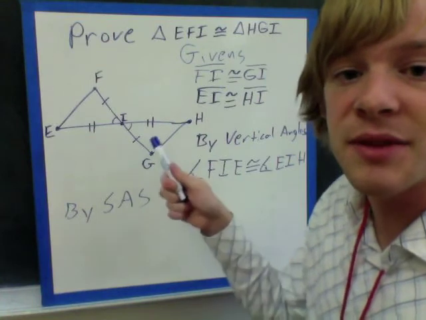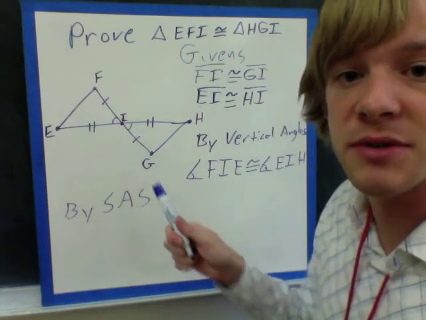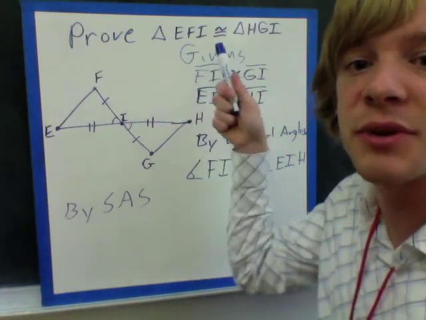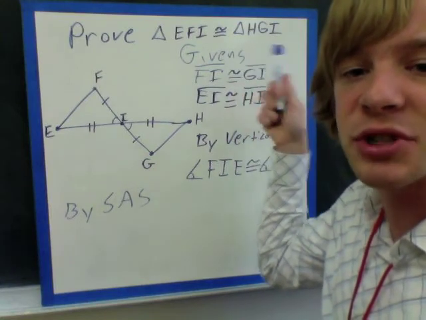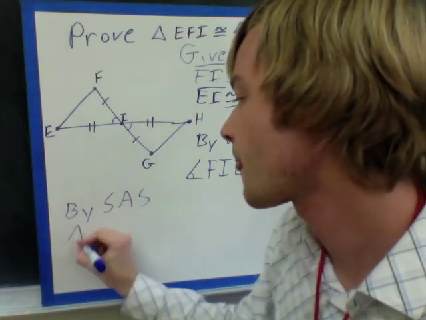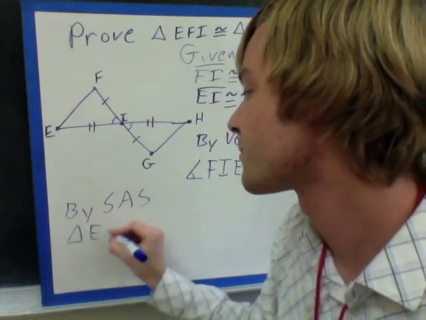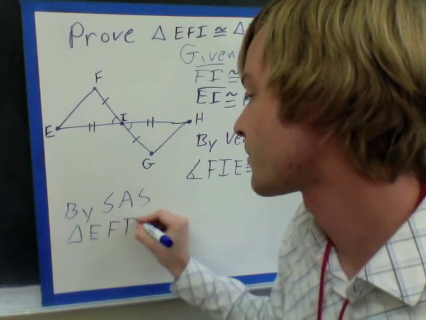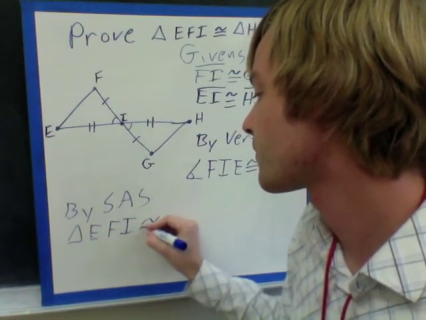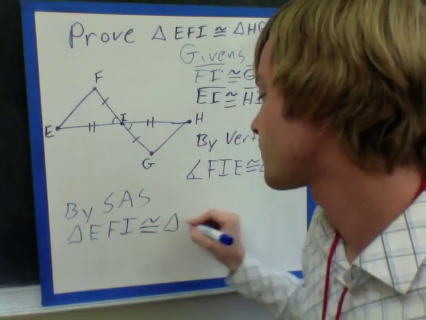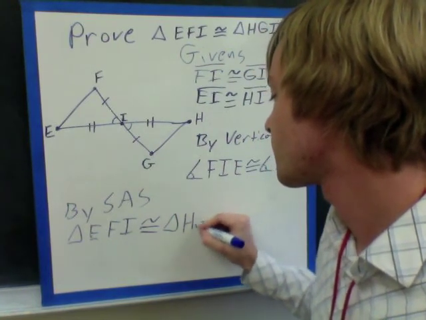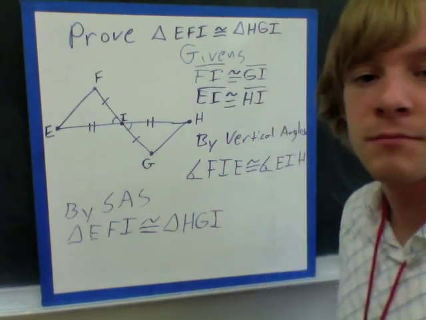So I can say that these two triangles are congruent. So triangle EFI is congruent to triangle HGI. And we're done.